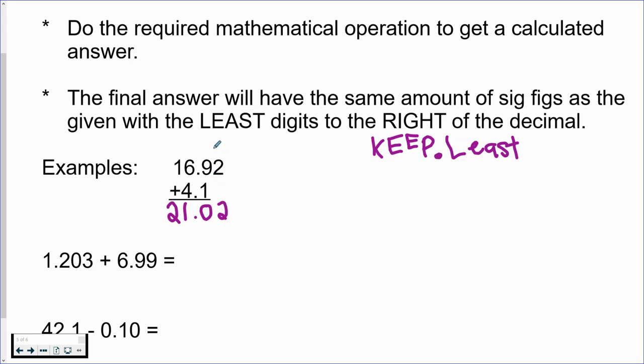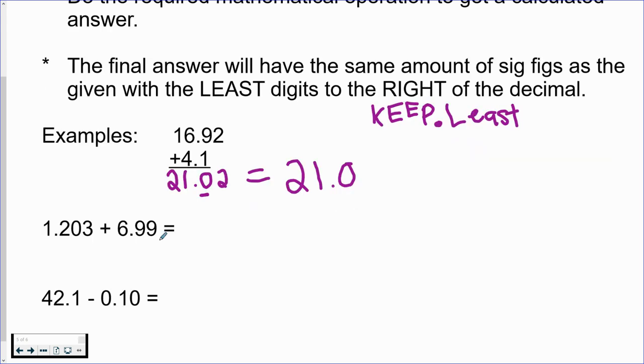So you might also say the least common place value. So the last common place value is the tenths place. So we're going to keep the 0, meaning that my final answer after SigFig rounding is 21.0. Okay. And yes, that 0 is necessary and it is important.